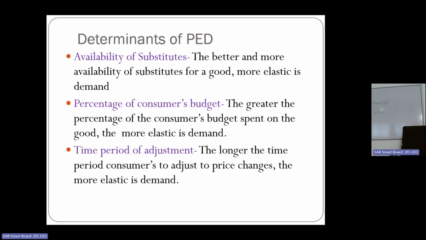Percentage of consumer budget. So budget means how much you spend from your pocket. That will have a significant impact.